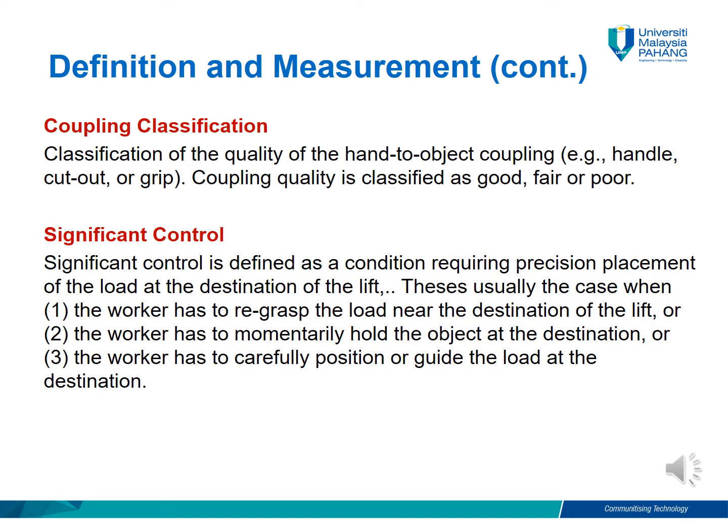This is usually the case when the worker has to regrasp the load near the destination of the lift, or the worker has to momentarily hold the object at the destination, or the worker has to carefully position or guide the load at the destination.